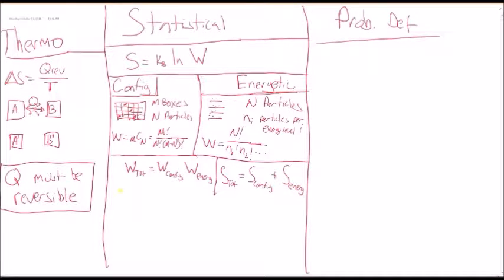Okay, great. Now, for the thermodynamic definition, I pointed out that the Q, the heat transfer, must be reversible. And you'd think there might be a caveat for the statistical definition as well. But actually, the statistical definition is pretty fundamental in thermodynamics. And it's true in pretty much every situation. If you can calculate it, this calculation of S will be accurate.